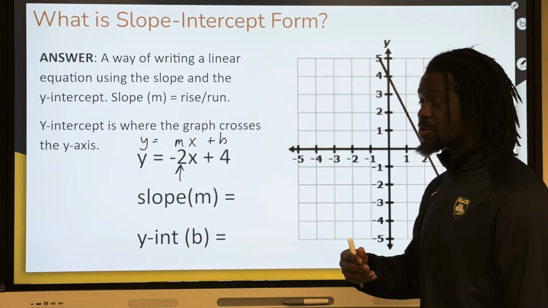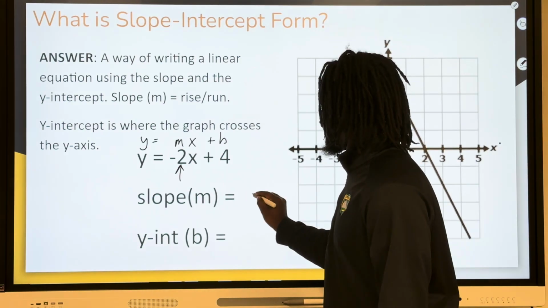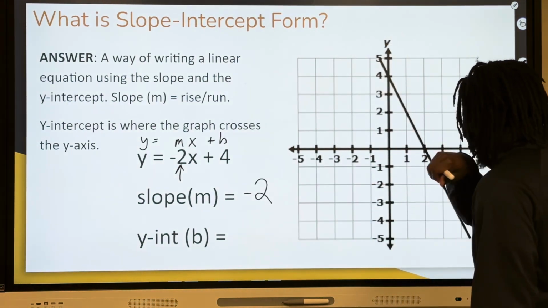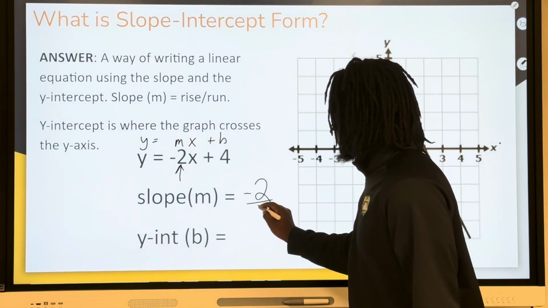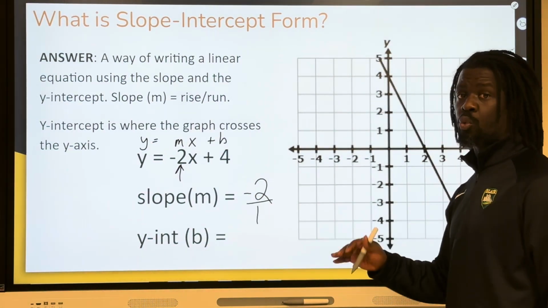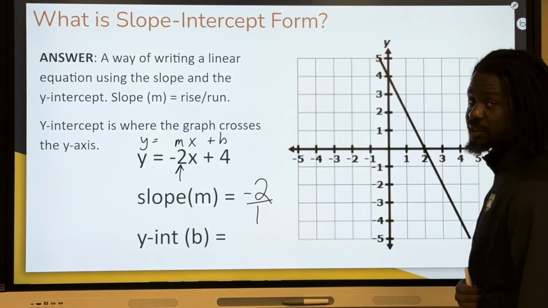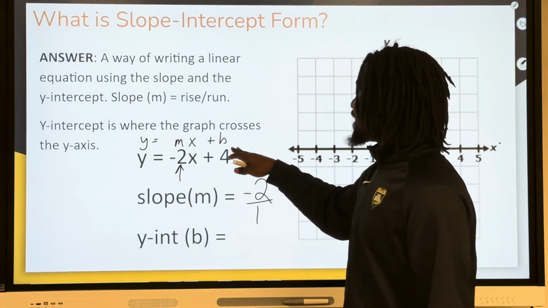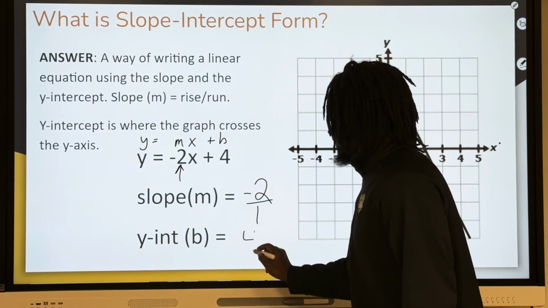The number in front of the x is the slope, and in this case, it is -2. Whenever a slope is a whole number, remember there's just a 1 underneath it, so this is -2 over 1. That's my slope. The b is the y-intercept, and in this case, it is 4.